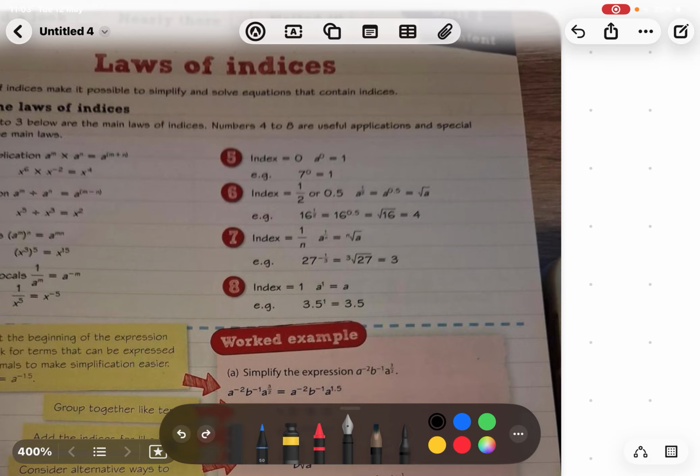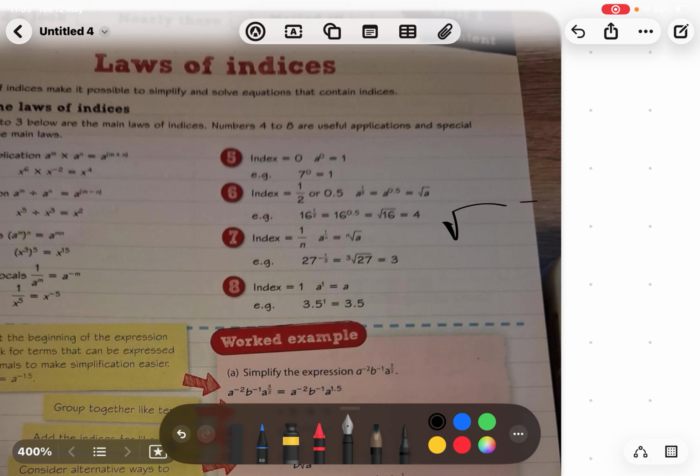So here we have an example, 24 to the power of minus 1 over 3, which equals the square root of 27, and that square root is, like, 2 becomes 3, basically powered by 3.